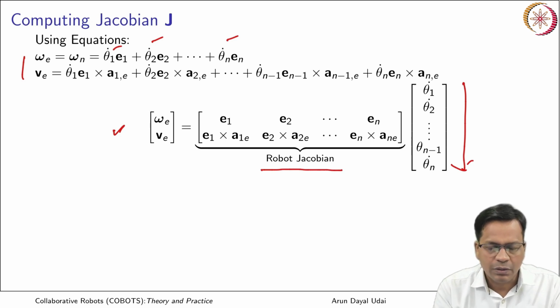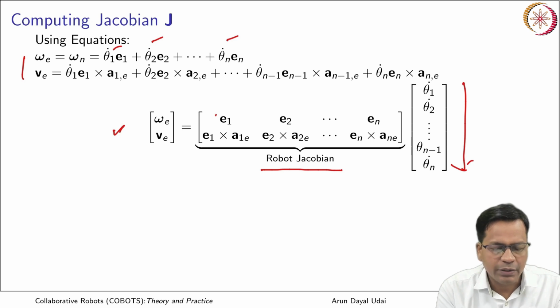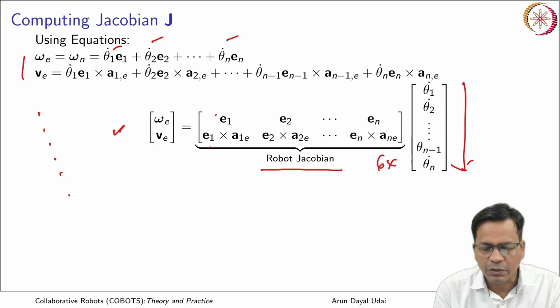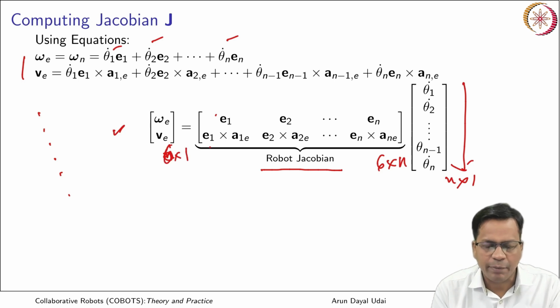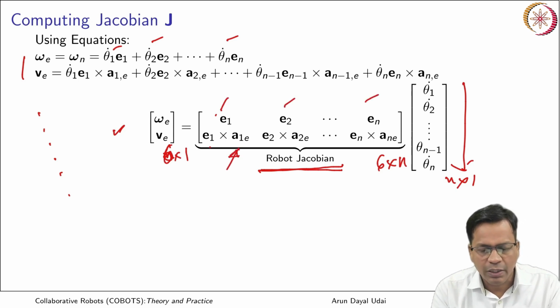The dimension of this would be 1, 2, 3, and again this is a vector 2, 3. So total 6 cross n, this is n cross 1, this is 6 cross 1. These are the dimensions, and here is your robot Jacobian. It comprises of all axis vectors and the distance vectors from the link I to end effector.